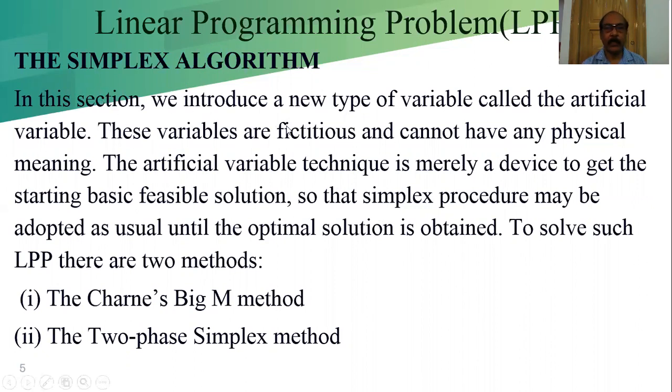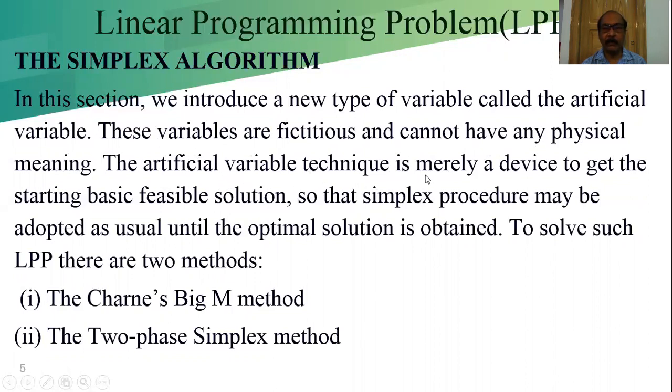In this section, we introduce a new type of variable called the artificial variable. These variables are fictitious and cannot have any physical meaning. We artificially introduce this variable to form the basis, basically forming the basis or the unit matrix.